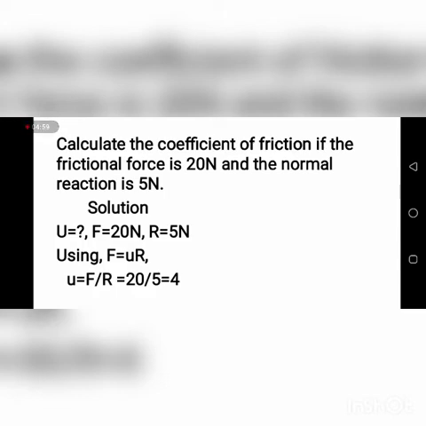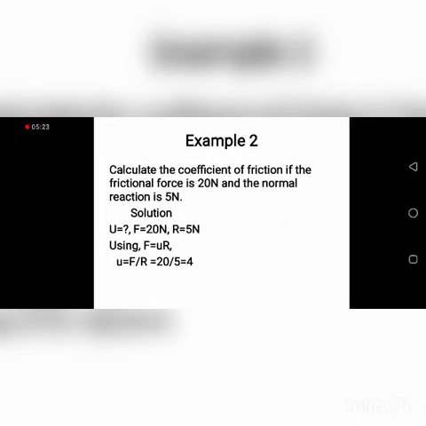So using the formula F is equal to mu R, I make mu the subject of the formula by dividing both sides by R. So we now have mu is equal to F over R. F is 20, R is 5, and the answer will be 4. Remember that mu, which is a constant, has no unit. So the final answer is 4.